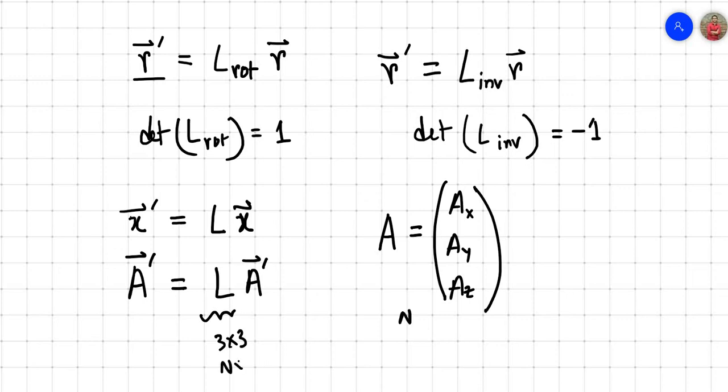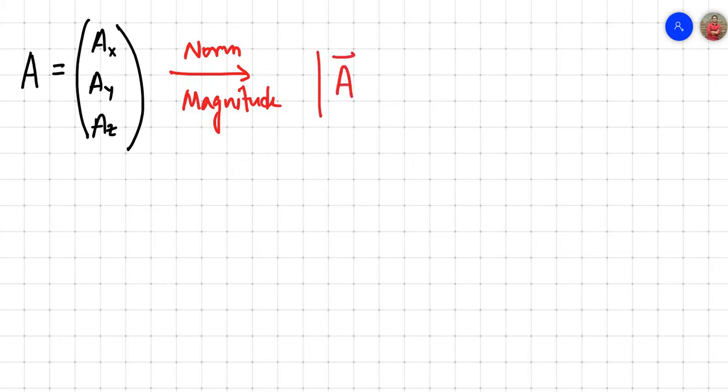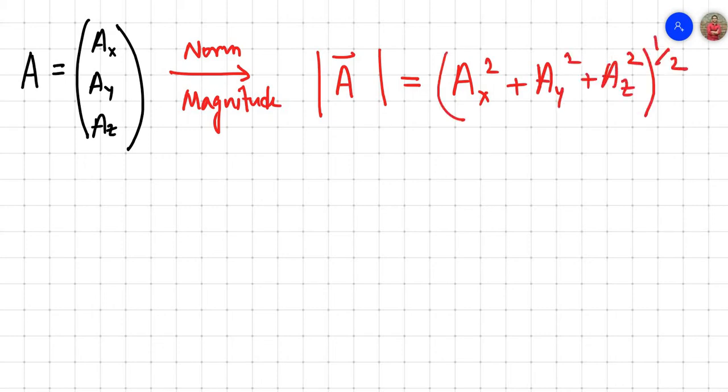Now, as we know from elementary vector analysis, if we're given a vector, we can find out its norm or magnitude, and the way we can do that, for example, in Euclidean geometry, is simply we write 2 bars on both of its sides, and we write a x squared plus a y squared plus a z squared whole to the power half, or basically it's the square root.